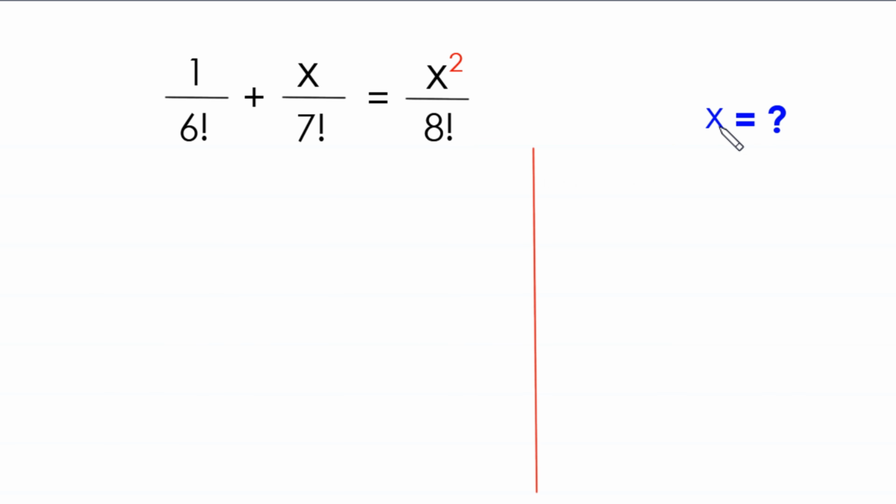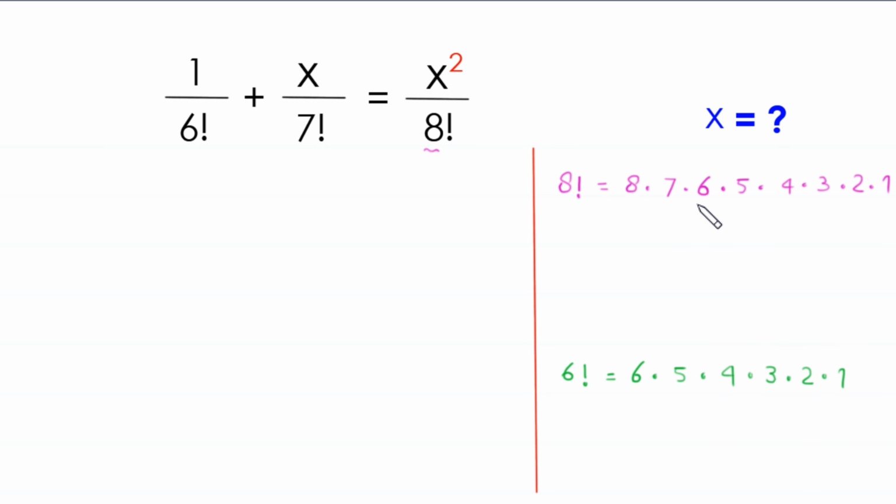So let's start. According to the definition of factorial, 8 factorial is equal to 8 times 7 times 6 times 5 times 4 times 3 times 2 times 1, and 6 factorial is equal to 6 times 5 times 4 times 3 times 2 times 1.